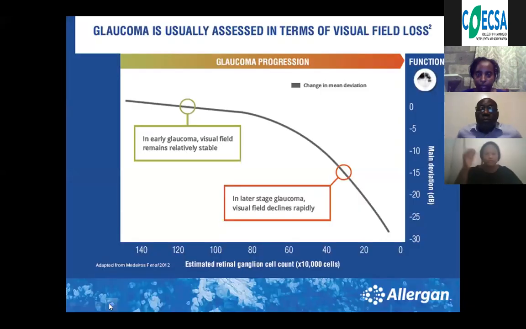We've had visual fields, and they're usually an important function in assessing glaucoma progression. We've heard that in early glaucoma, visual fields remain relatively stable, whereas in later stages, visual fields decline quite rapidly.